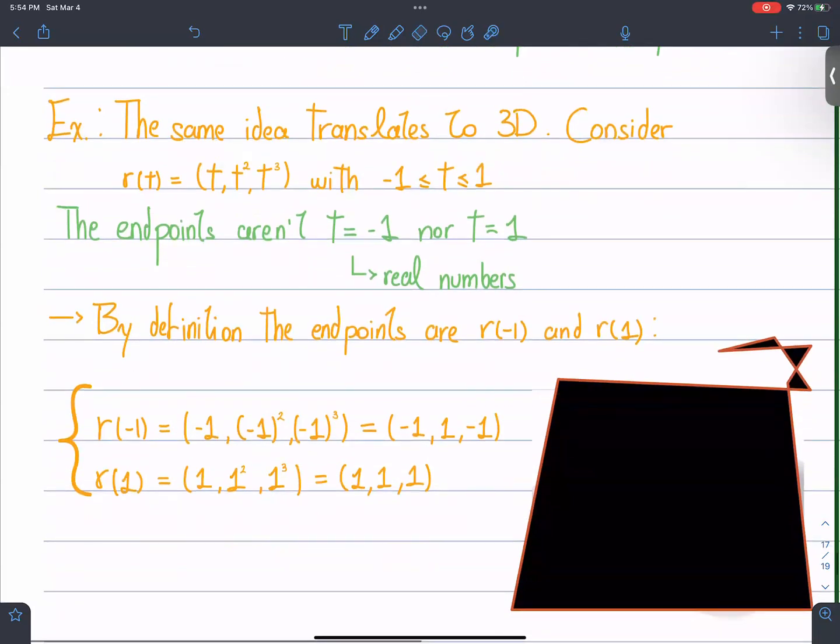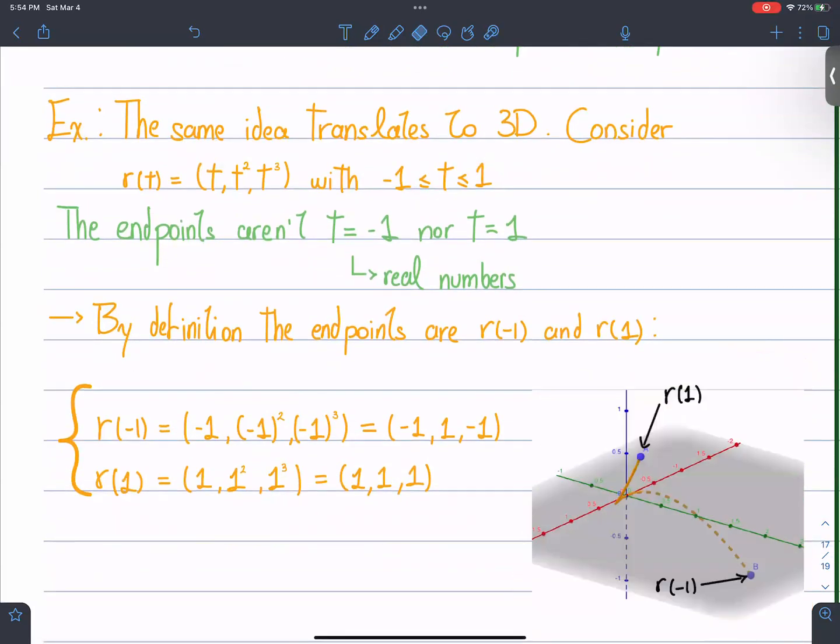Let's see how that looks. We have our curve, which is this orange curve over here. As you can see, it's a bit twisty. It comes from below the XY plane in 3D space and goes up after it passes the origin, which is about here. And we can see, after I've marked the endpoints here, that there's a point here, which is -1, 1, -1.